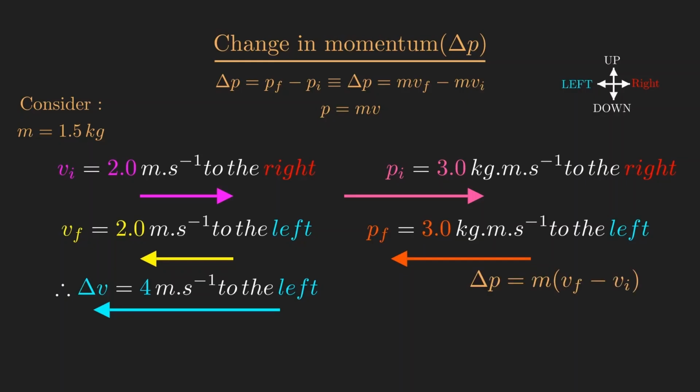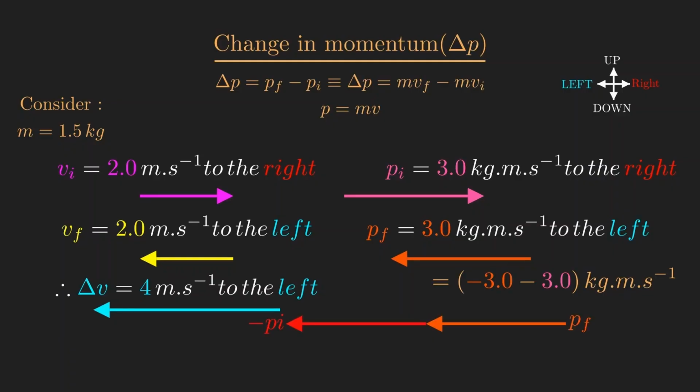For the change in momentum, we expect it also to be to the left and to be the scalar multiple of the change in velocity. So its size should be 4 times 1.5, which is 6. That is 1.5 times -4, which is -6. In terms of vectors, we have P initial, and then this is minus Pi.